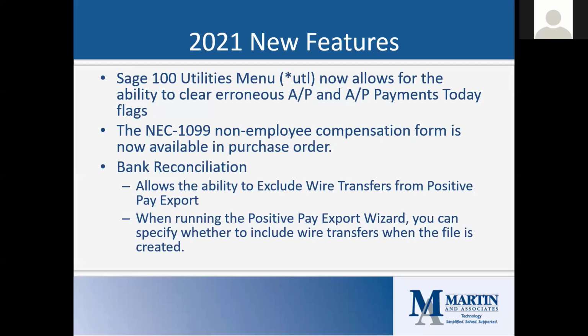If you have been using Sage 100 for a while now, I'm sure at some point you've run into the issue where you're trying to pay a check in AP and it tells you that the check's already being paid, or pay an invoice in AP and it tells you that the invoice is already being paid, or it doesn't show up to be selected.